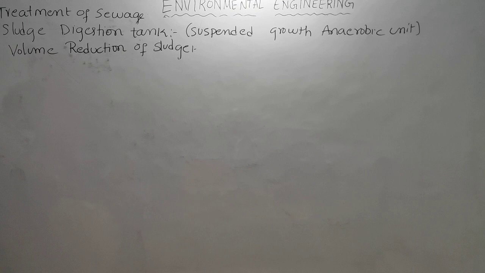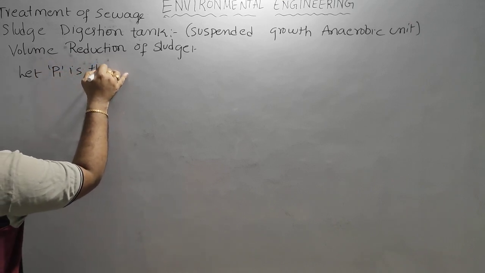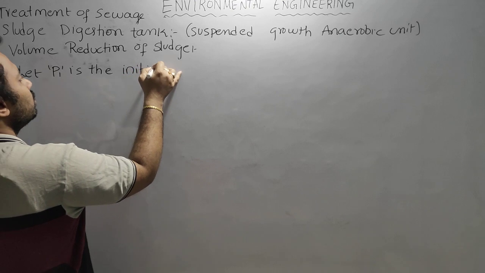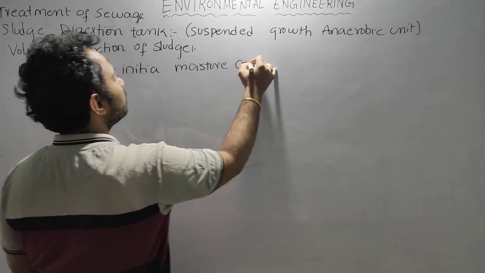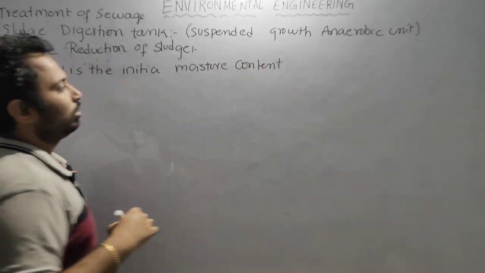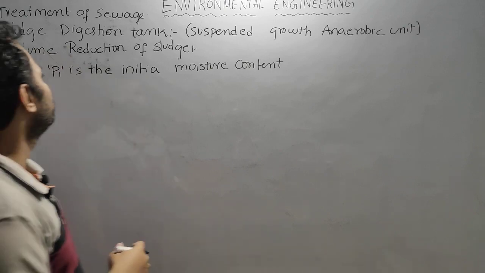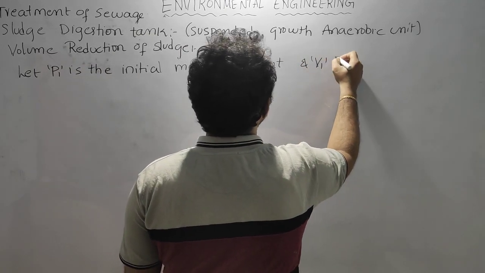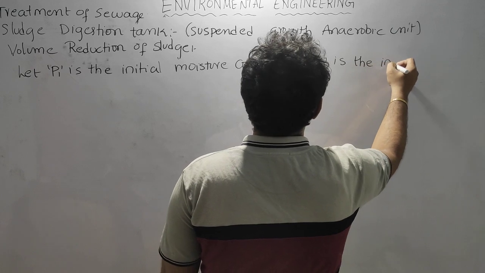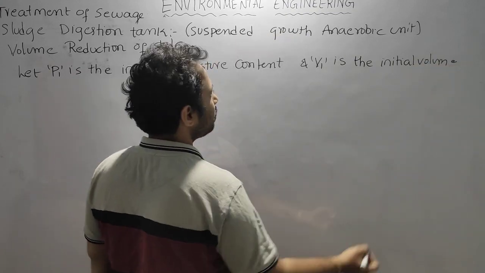So let P1 be the initial moisture content, before thickening of the sludge, and V1 is the initial volume of the sludge.